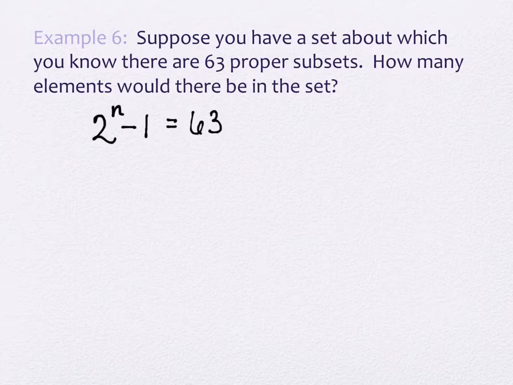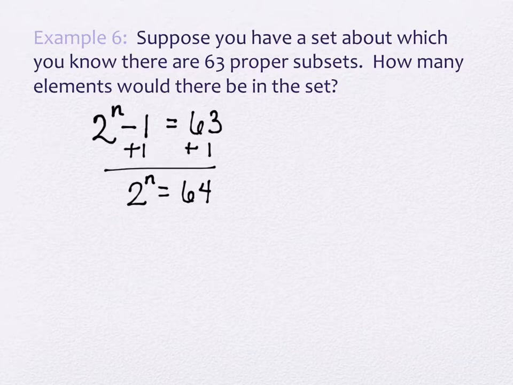You can do a little trial and error, but what might be most helpful is to add the 1 before you do your trial and error. 2 to the n equals 64. So you could try some numbers. It's got to be a whole number. You can't have a fractional number of elements in a set. So if you take 2 to the 4th, or 2 to the 10th, or 2 to the 7th, you're looking for what equals 64.